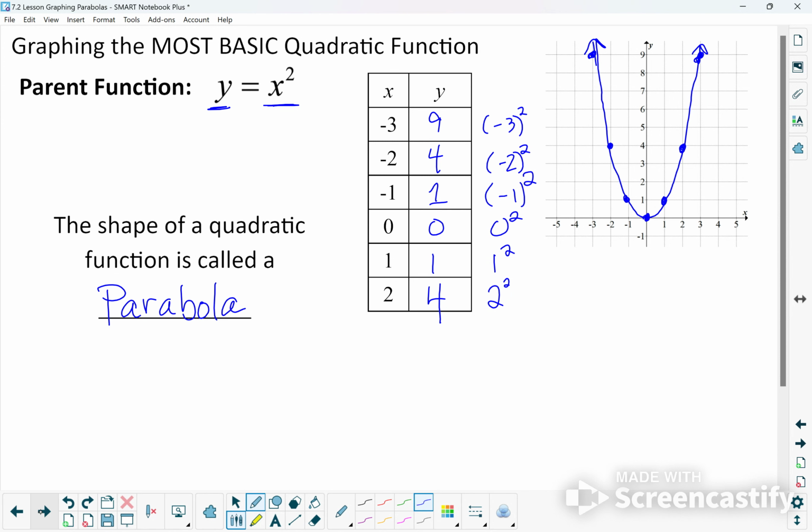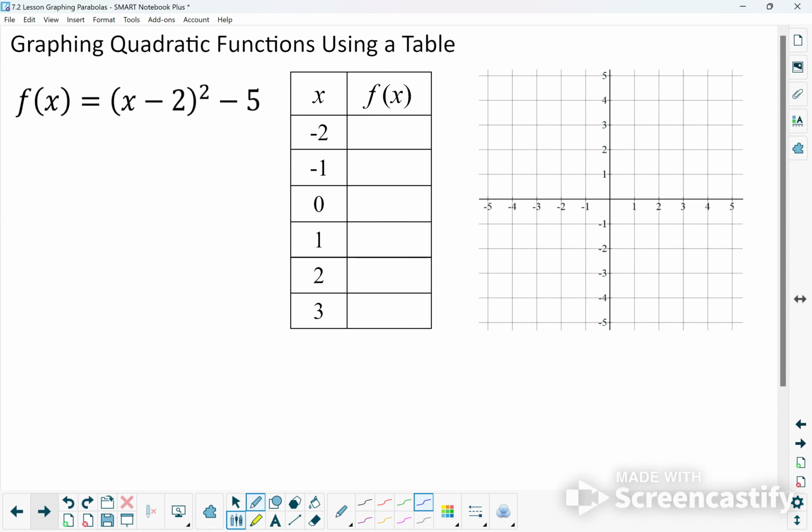So let's look at another quadratic function. This time we are still going to use a table, but then we'll look at a pattern for graphing these a little bit faster, just like we did with absolute value functions. We're going to sub in these values, -2, -1, 0, 1, 2, and 3, into our function, and our function is f of x equals the quantity x minus 2 squared, and then subtract 5.